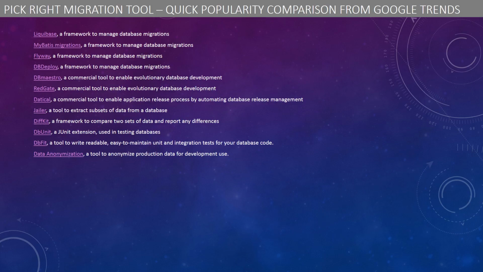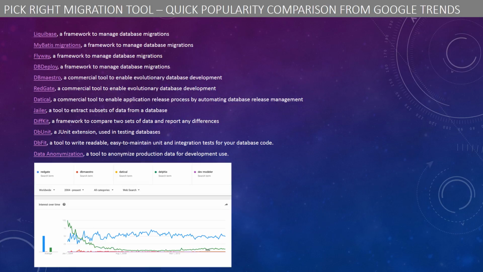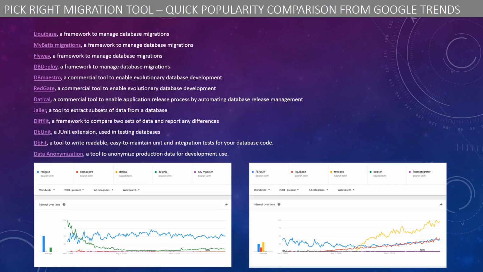So these are some of the tools: Liquibase, MyBatis, Flyway, dbdeploy, dbmaestro, Redgate, Datical, Jailer, Diffgate, dbunit, dbfed, and data anonymization tools available in the market as open source. Some of them are commercial. So I just tried to compare the popularity of the commercial tools versus the open source tools.